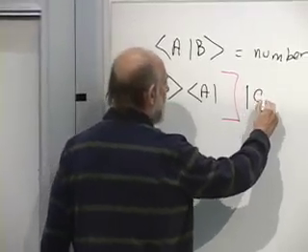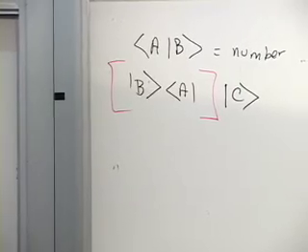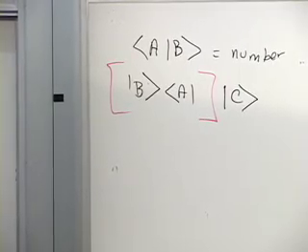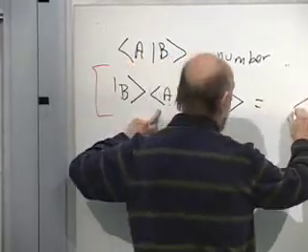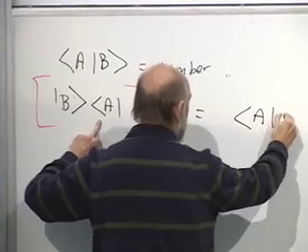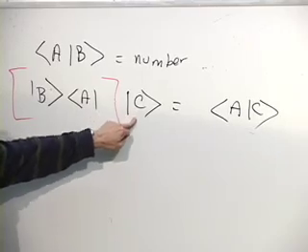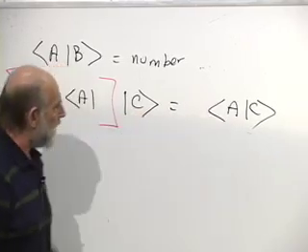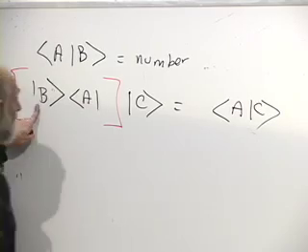Let's operate on the vector c. What does this mean? It means just about what the notation might lead you to believe it means. It means the inner product of A with C, the A, which is adjacent to the C over here, just write down the inner product of A with C. That's a number. That is a number times the vector B.